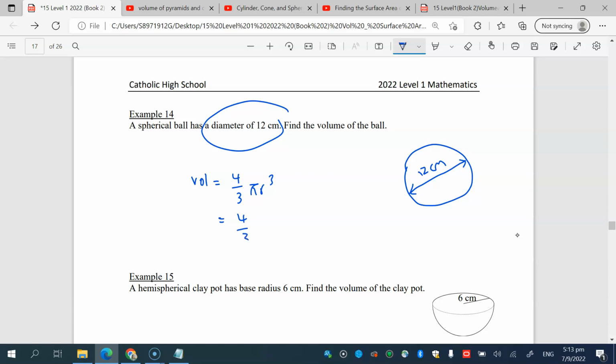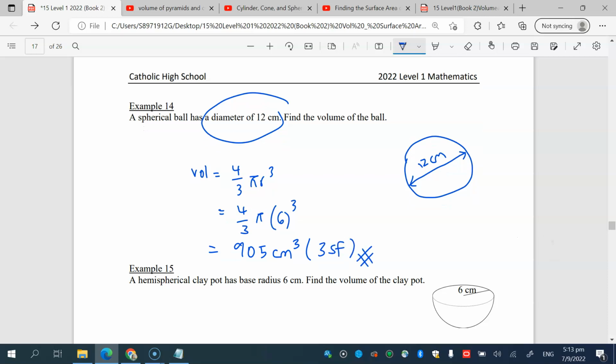So it's 4/3 pi, radius is 6, since diameter is 12. This will be 904.7786. So to 3SF will be 905 cm cube. This is the volume of the ball.